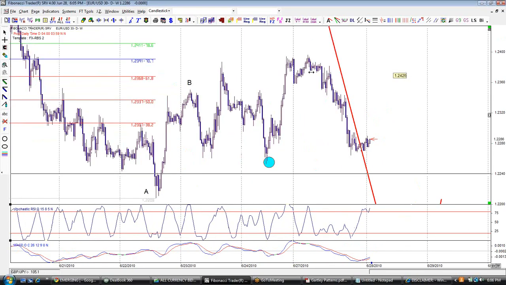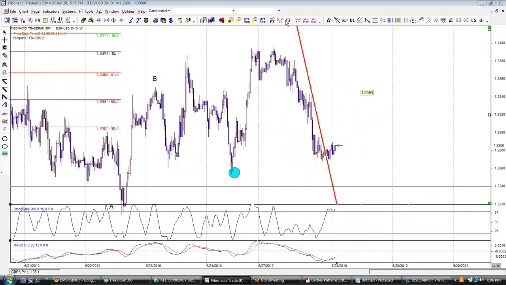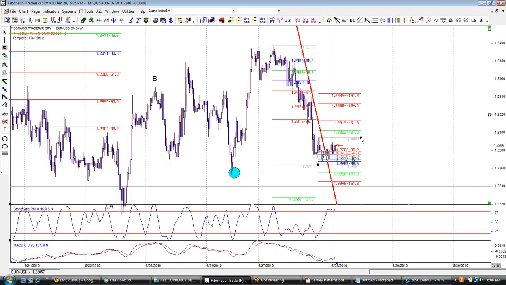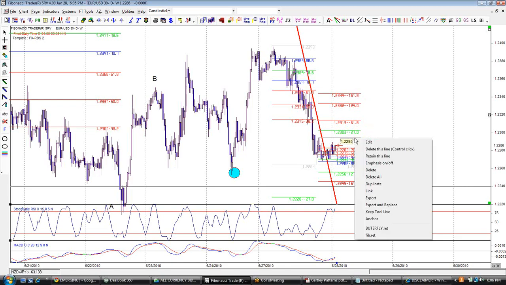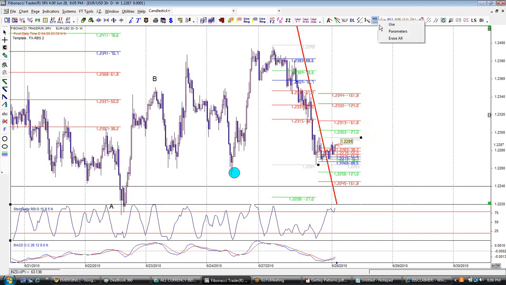At the last swing, very last swing. Let's see what we have on this one. I need to use another extension. I don't have the, I'm sorry.